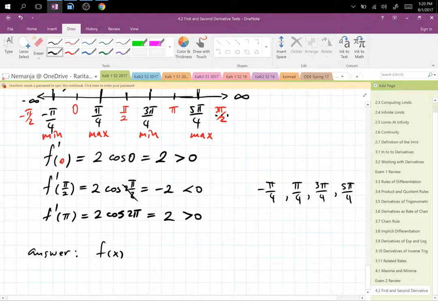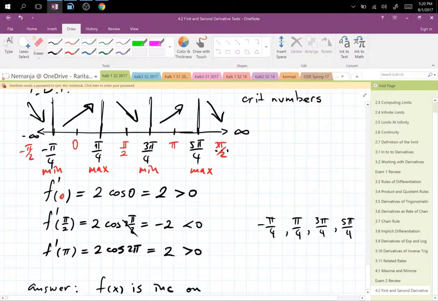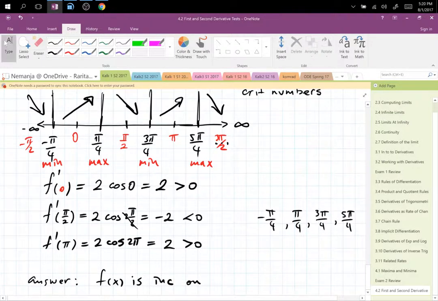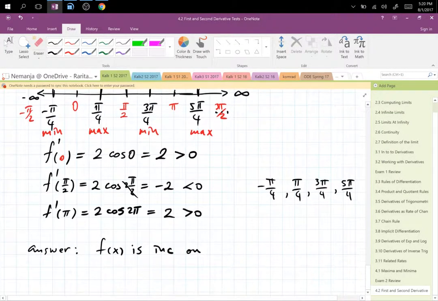So f of x is increasing on, so we have negative pi over 4. Oh, no, I have to take the 3 pi over 4 because both are positive.